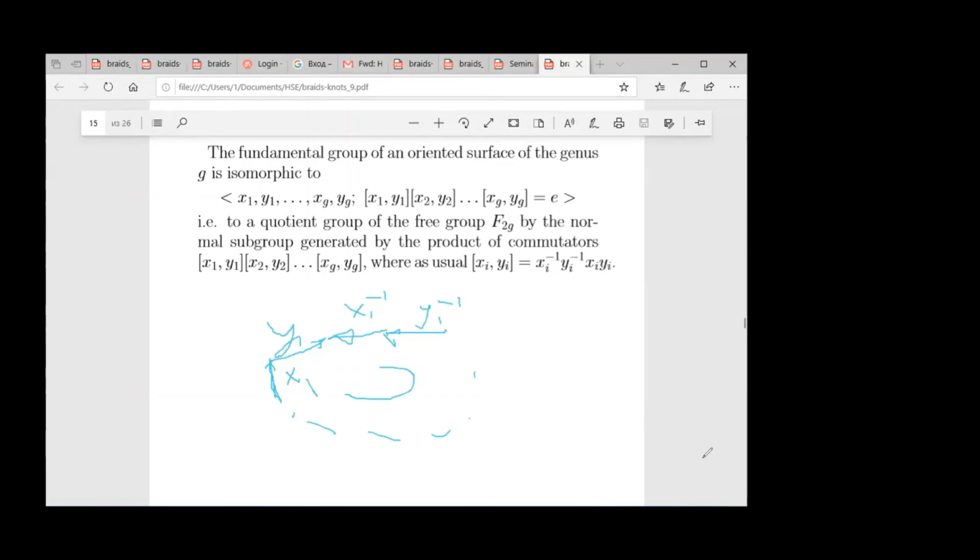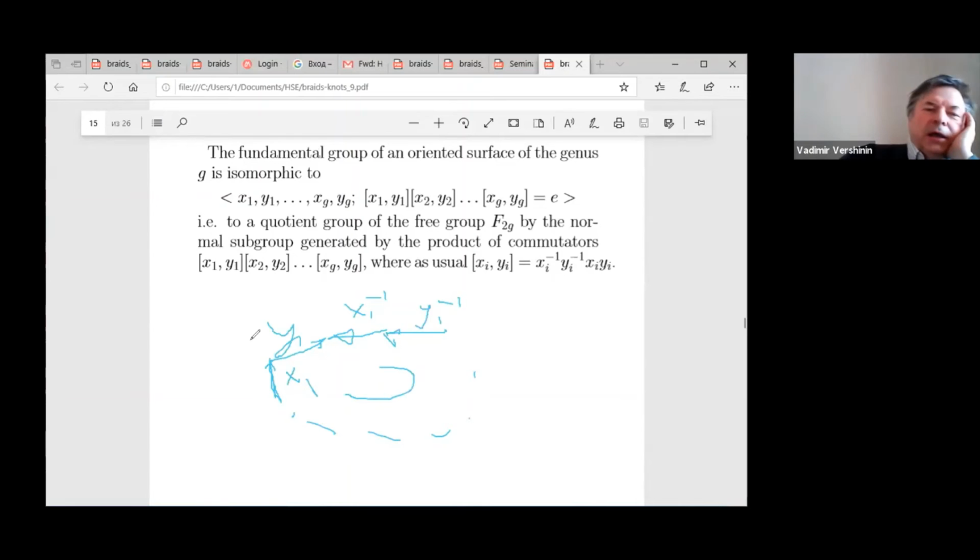Okay, we can take the 2n-gon and glue together pairs of sides. Exactly, that's what I made a picture of here.